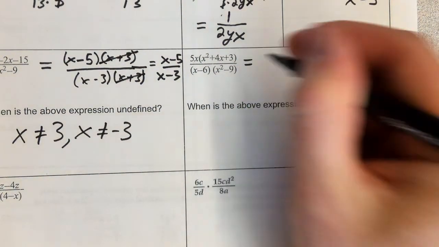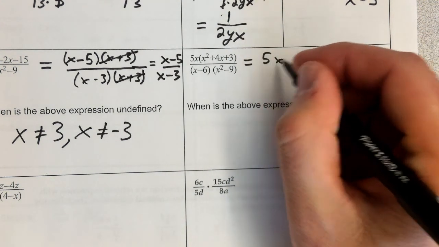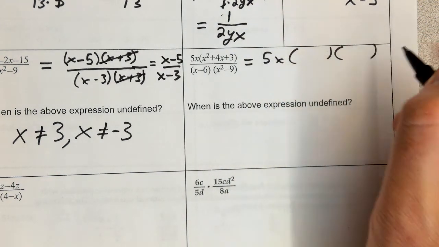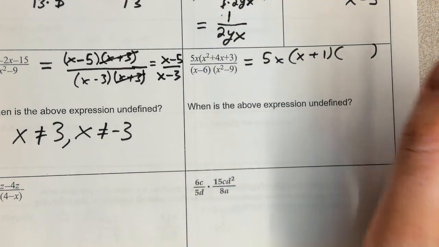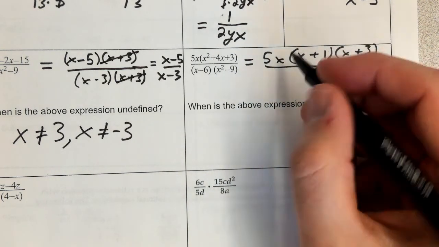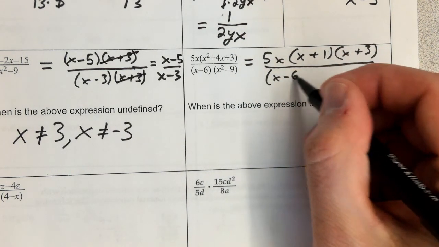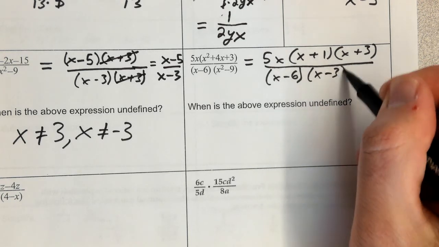Moving on to this one. You should try this one, by the way, and see how it goes. The top quadratic breaks into x plus 1 and x plus 3. The bottom: x minus 6 doesn't change, and then over here we have x minus 3 and x plus 3 again.